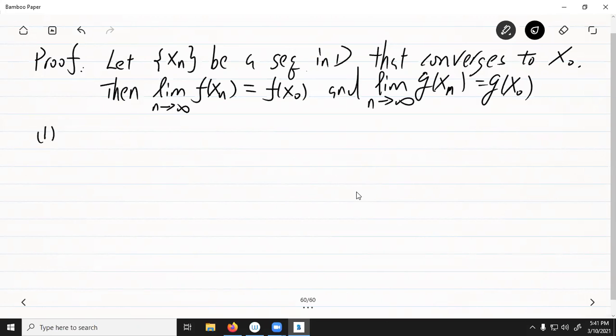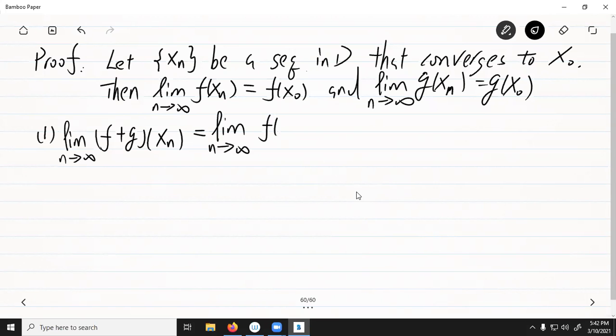Okay, so now let's prove the first one, f plus g. We need to look at f plus g of xn. If we take the limit as n approaches infinity, we want to say whether this is equal to f plus g of x0. So we just separate. This is the definition of f plus g, from basic algebra. So f plus g of xn means f of xn plus g of xn. Then you can take the limit for each one because each one has a limit.